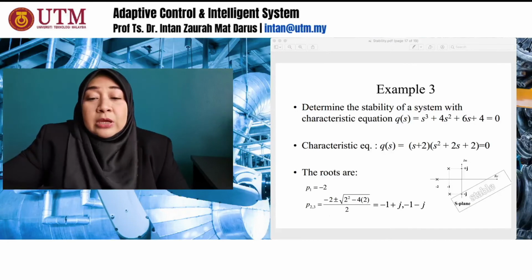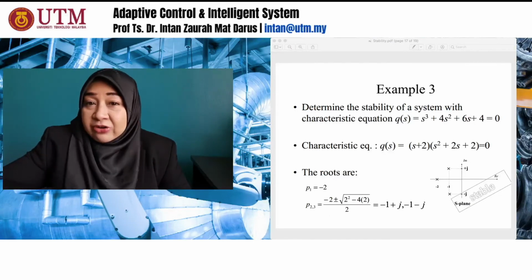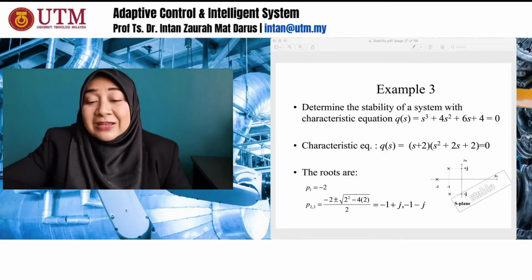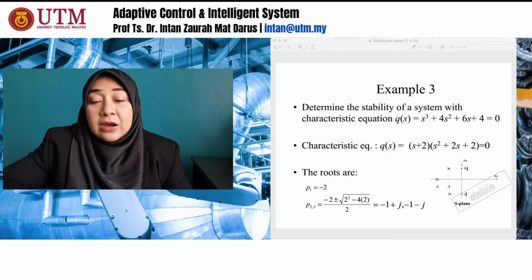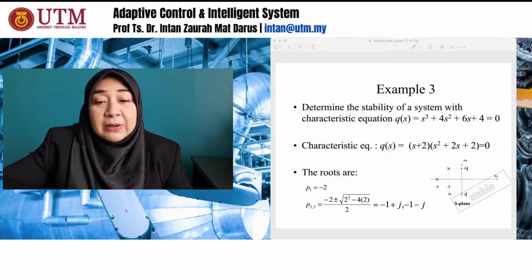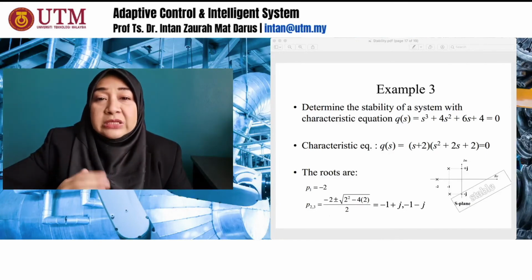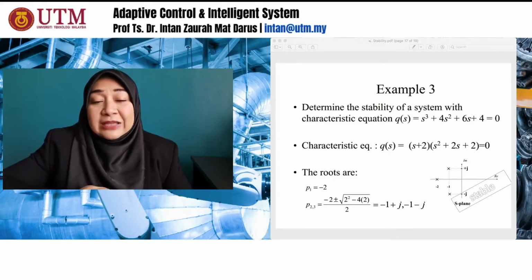Okay, so the characteristic equation, if I try to factorize it, because I want to put it in zero and poles form, I will get s plus 2 multiplied by s squared plus 2s plus 2, and I equate it with 0 because I want to check where my poles are. Is it on the positive side or on the negative side, right?